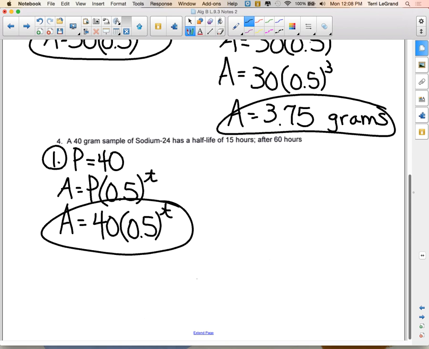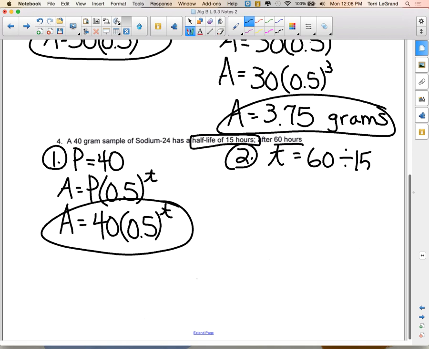That's the model that represents how much substance is left, given some information about how much time this decay is going to go through. Okay, number two. How are we going to get our T value in this one? 60, the total amount, divided by the half-life of 15.